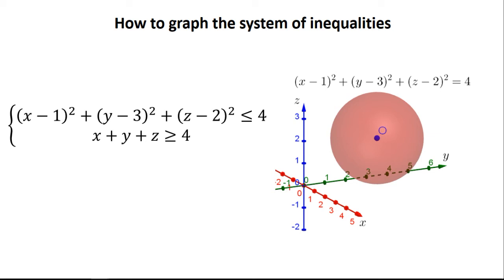That's actually a plane. It intersects the axes of the coordinate system at the points located at a distance of 4 from the origin. As we increase the number, the plane goes higher. That means that the second inequality determines the half space above the drawn plane.